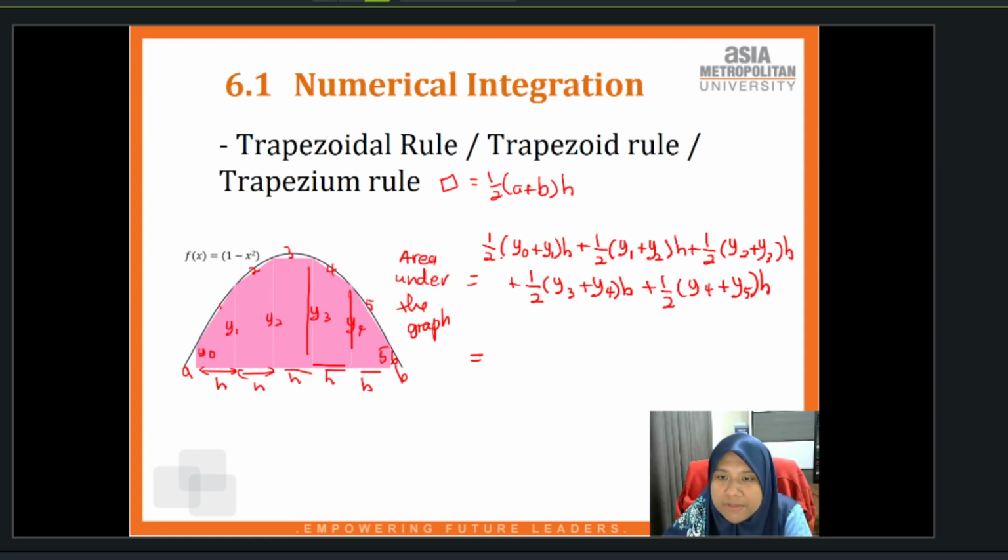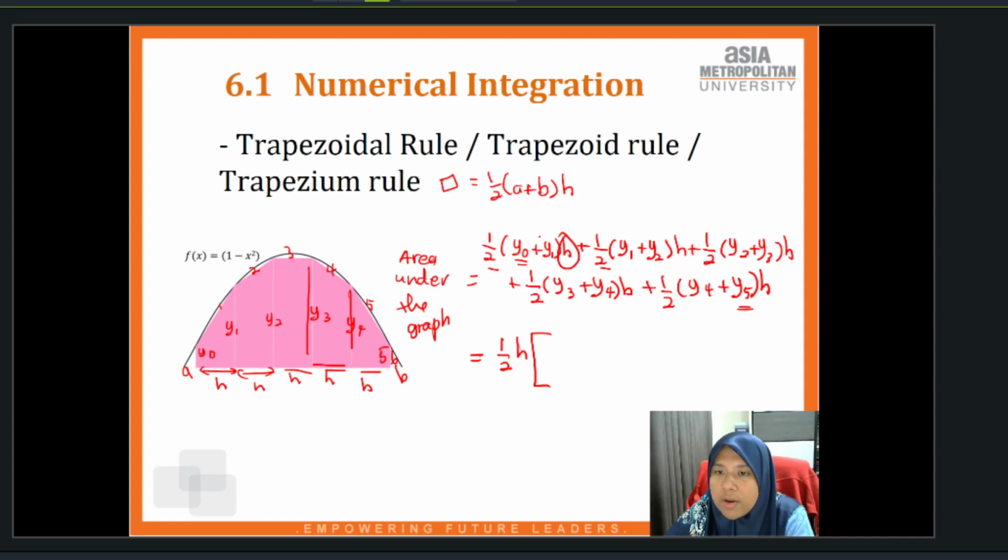Right, so let's make it simple. Simplify this. We know that every part has 1 over 2 and every part has h, so we factorize. So what is left here? If you look at y0 and y5, the first y and the last y are the only y which is not repeating.